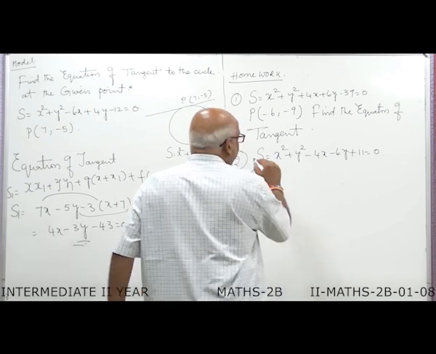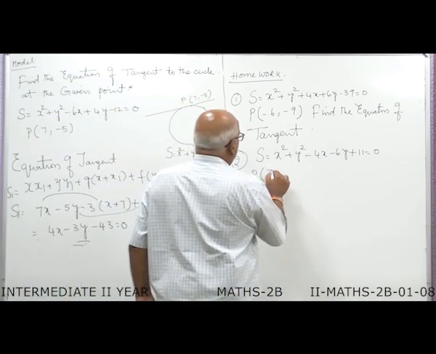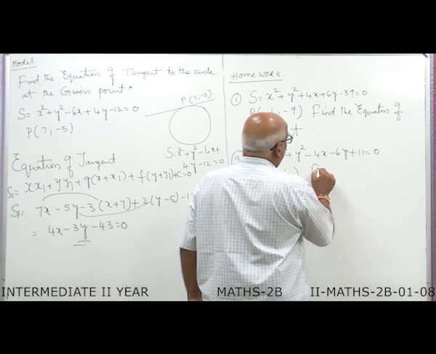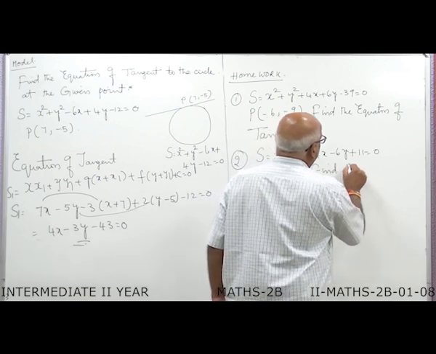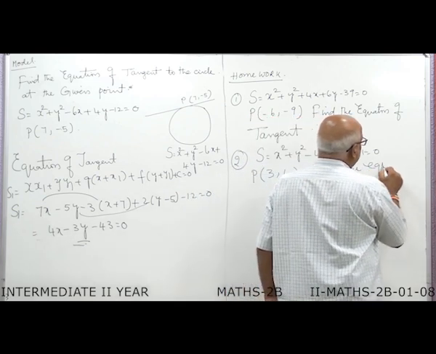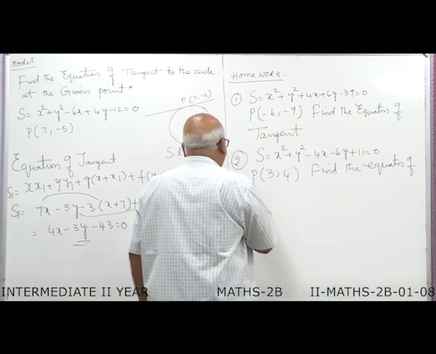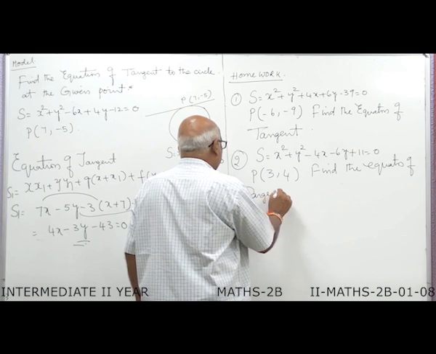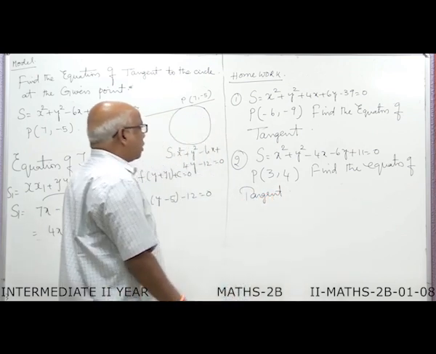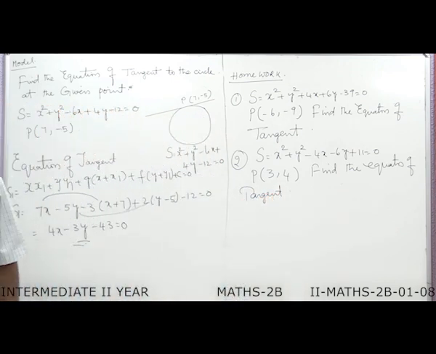The given point is (3, 4). Find the equation of tangent. These two problems you take as homework.